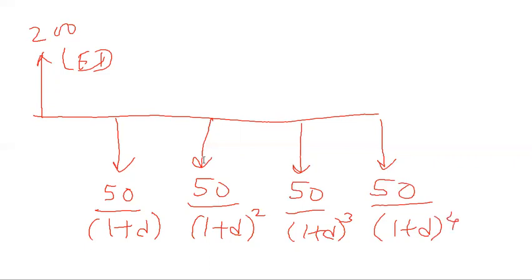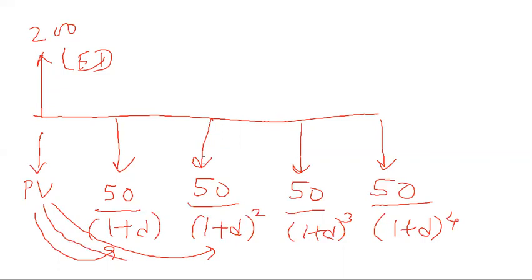It means that the present value of this 50 is not 50 rupees. The present value of this 50 is 50 upon (1 plus d). The present value of this 50 is 50 upon (1 plus d) square. The present value of this 50 is 50 upon (1 plus d) cube, and so on.